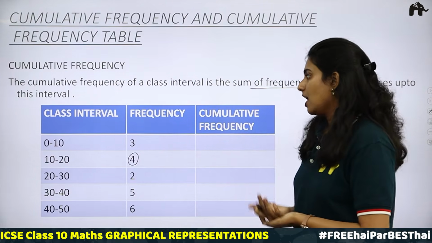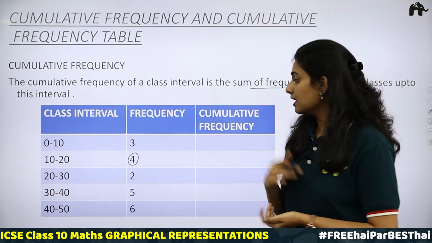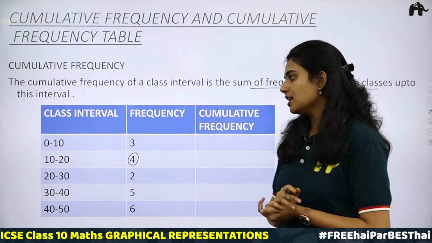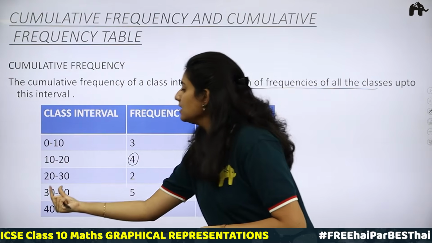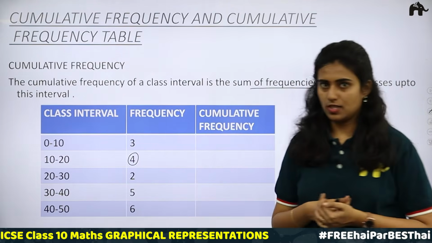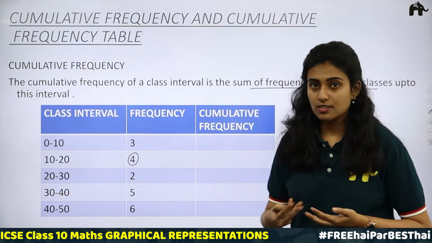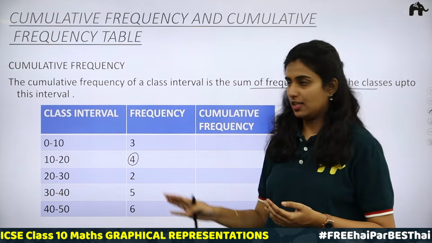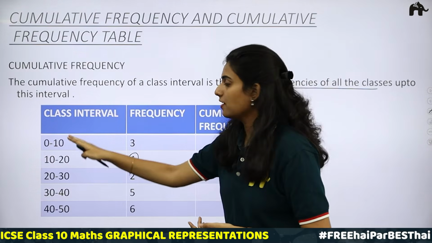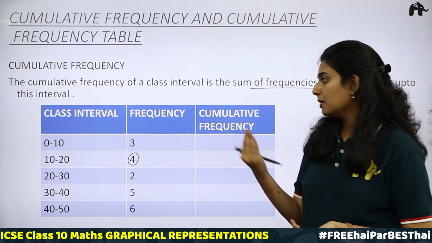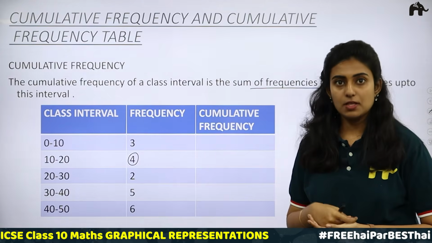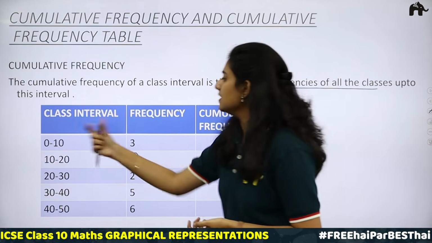Now, I am asking how many students have scored marks less than 40? What is the number of students? We know in the interval 30 to 40, 5 students. But we need students who have scored marks less than 40. In that, you will be having students who have scored between 0 to 10 because any number, 6, is a number which is less than 40 and lies in the interval 0 to 10.